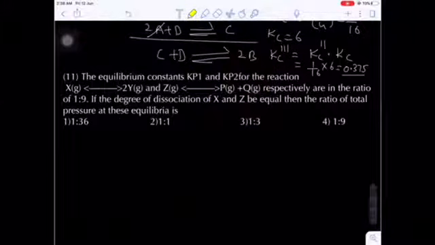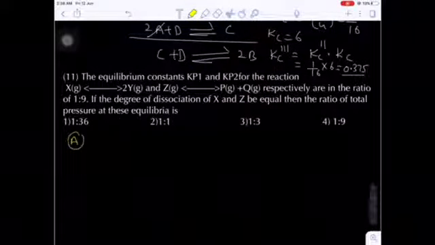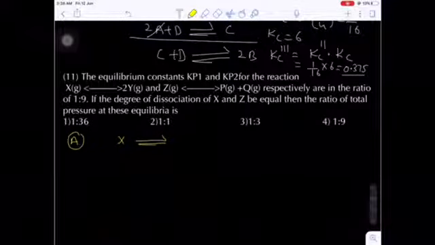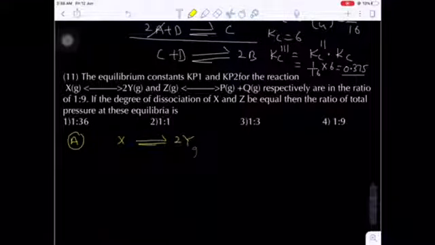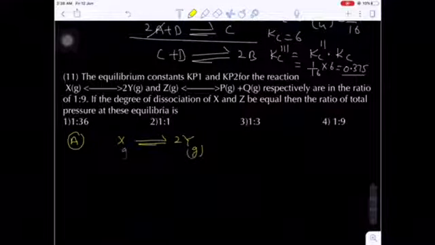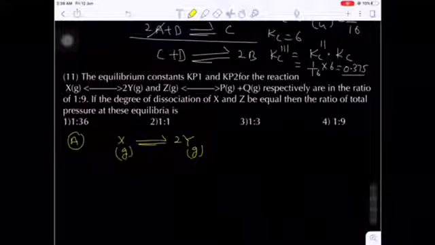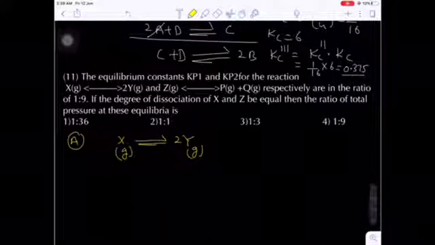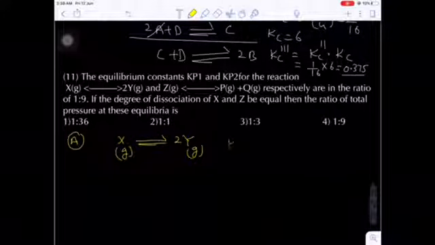Now, next question. There are two reactions given. The first reaction is X gas gives 2Y gas. Now here, what is the Kp1 expression for this?